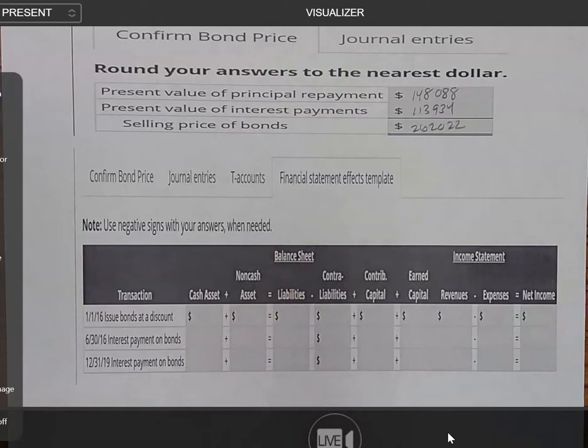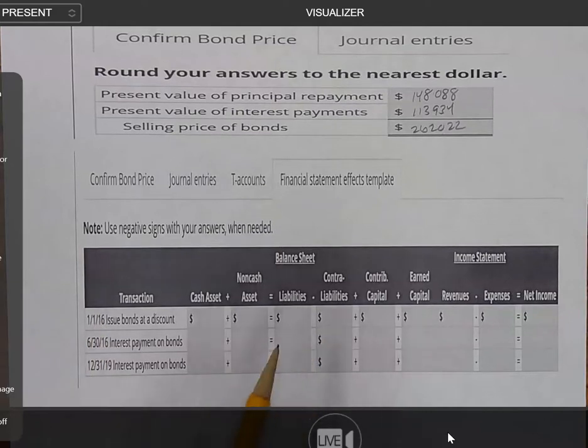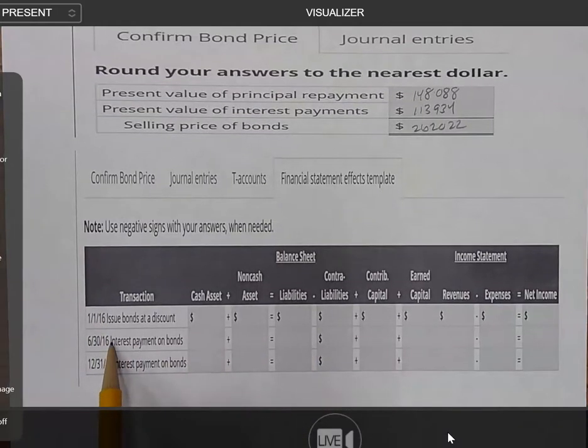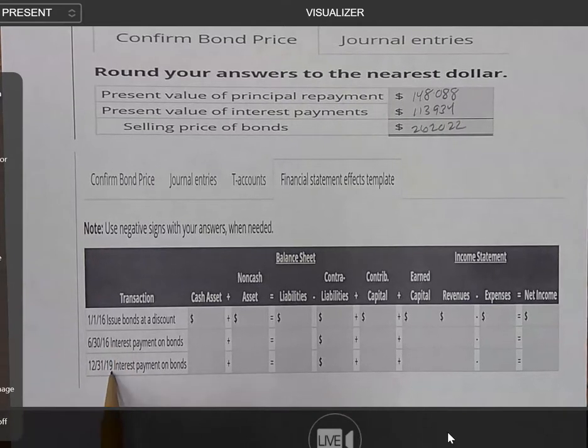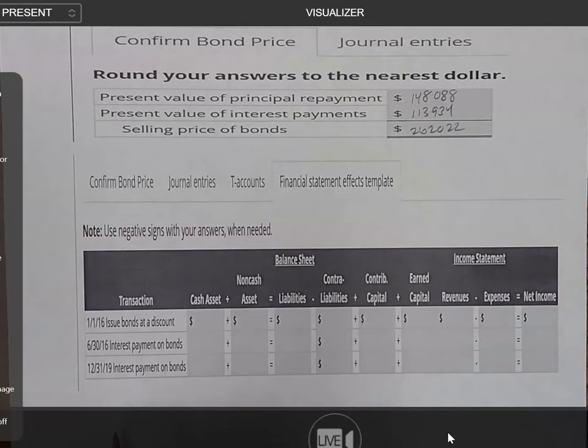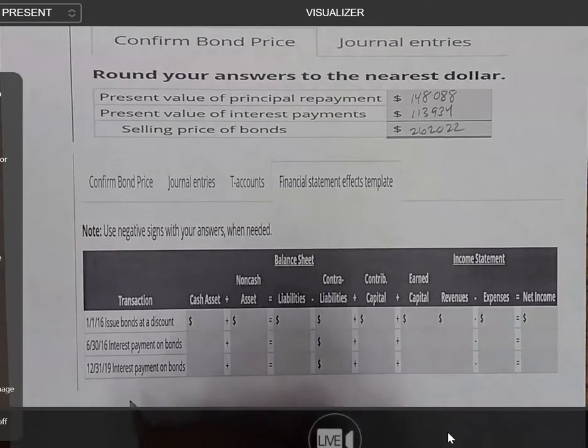So what's going on here? Well, they've got 3 dates for us. The initial date of issuance is January 1st, 2016. Then we've got 6 months into the future, and then a full year into the future. I just noticed this is a mistake.